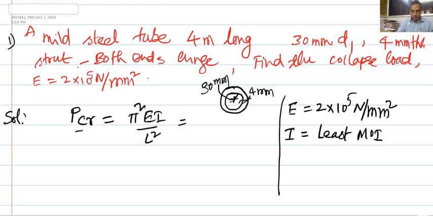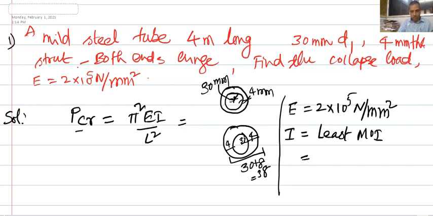Now, we know the moment of inertia of a tube with outer dia and inner dia. If internal dia is 30, what is outer dia? If inner dia is 30, and the thickness on this side is 4, that side thickness is 4, so total dia will be 30 plus 8 equal to 38.